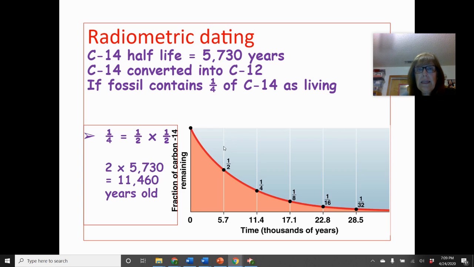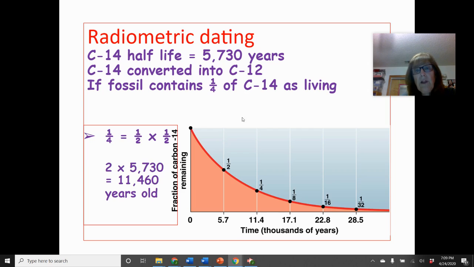So what that means is that I would multiply this times 2. So if, for example, I say that this fossil contains 1/4 of C14 as it had when it was living, then I would literally take 1/4, and I go, okay, there's my 0, half of that, or my 1, half of that is a half of that is a fourth.